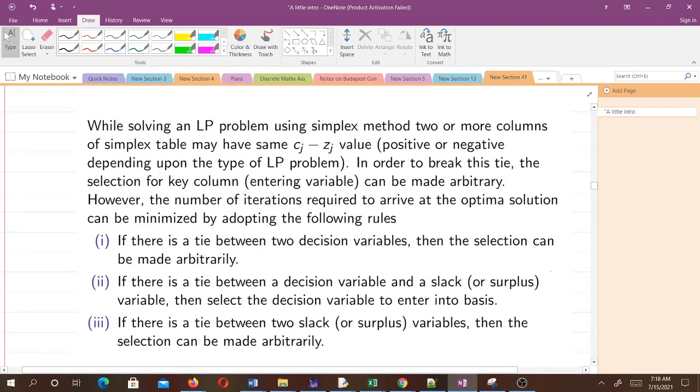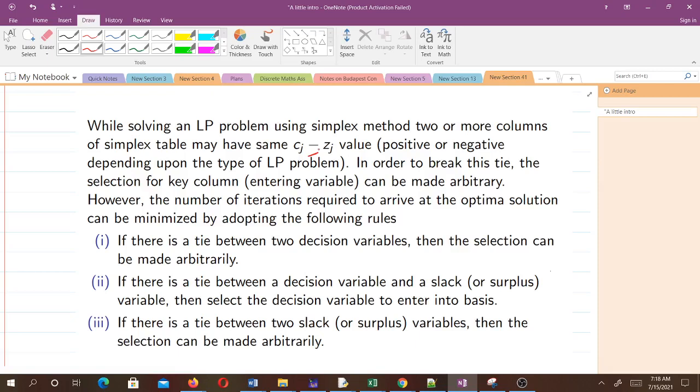While solving a linear programming problem using the simplex method, two or more columns of the simplex table may have the same cj minus zj value, positive or negative, depending upon the type of LP problem, that is, whether we are maximizing or minimizing. In order to break this tie, the selection for the key column, that's the entering variable, can be made arbitrarily.